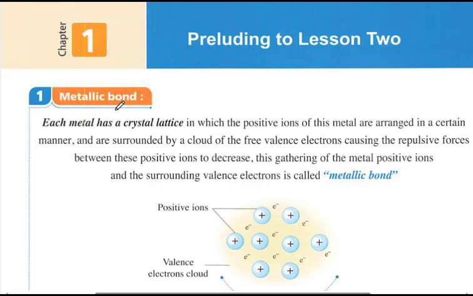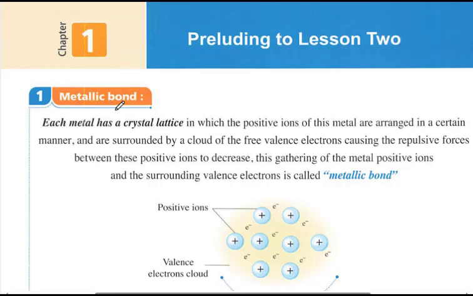So these compact rows, positive ions arranged together, are surrounded by valence electrons. The positive ions are positively charged and the valence electrons are negatively charged.